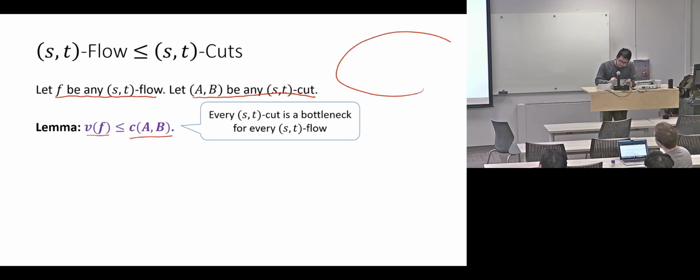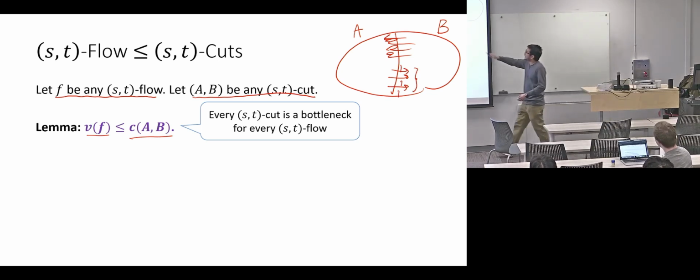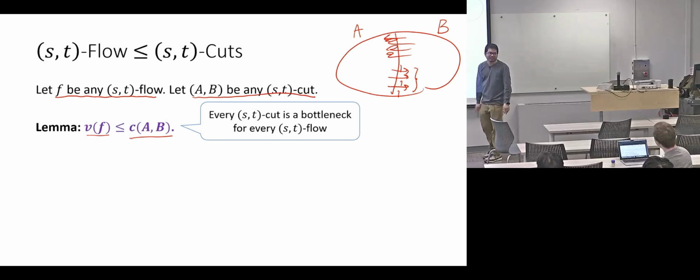So let me start with some intuition. Right? We have A and B, and there can be a lot of edges here. Doesn't matter. But let's say that I have 3 edges in total with unit capacity, so the value of this cut is 3.